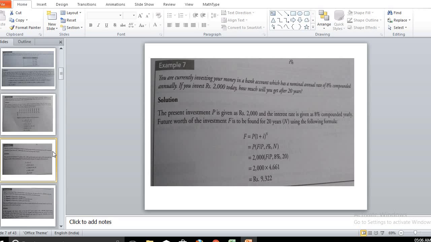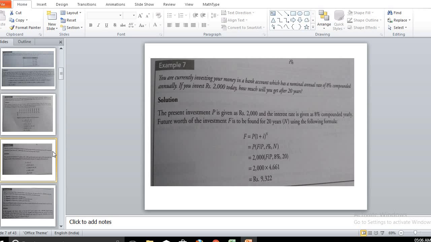If amount P is invested at present with interest rate I per year, this amount will grow in the future, which we can calculate as P plus Pi, equal to P into (1 plus I), by the end of the first period.